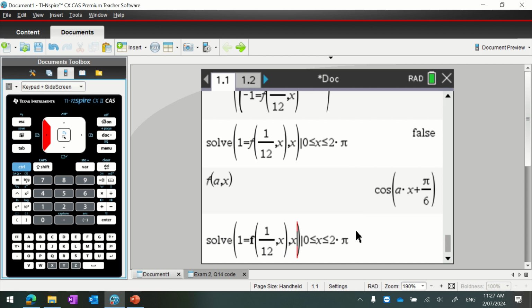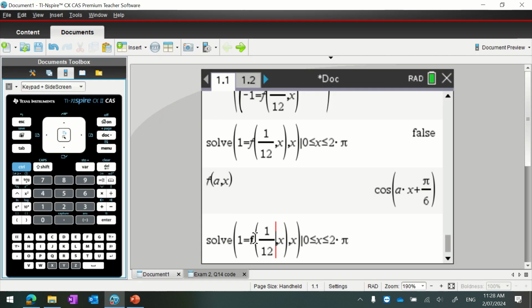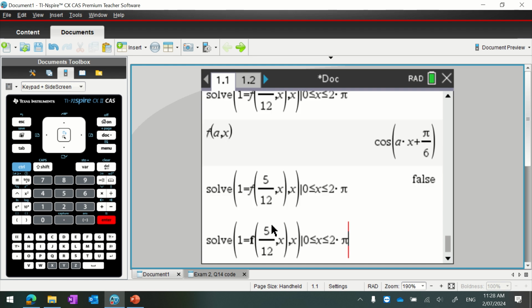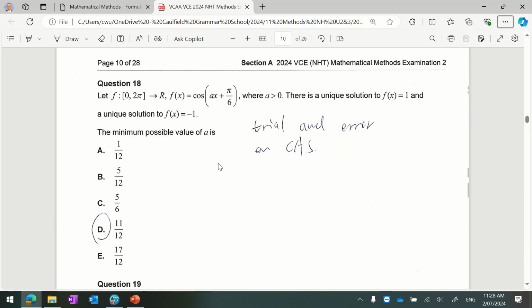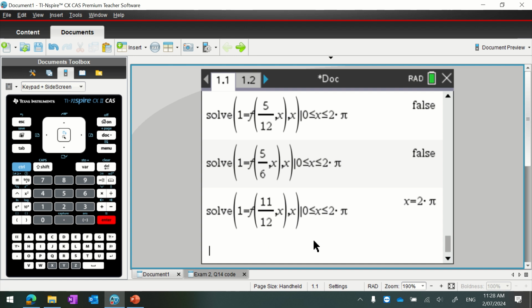So I try something else. I'm only trying f(x) equals 1 at the moment. The next one is 5 over 12. That's also false. And then 5 over 6, that's also false. And then 11 over 12.